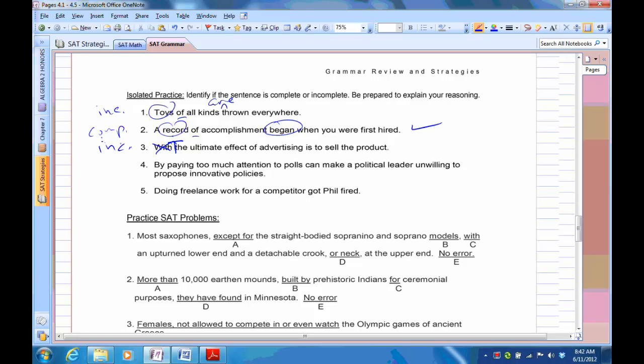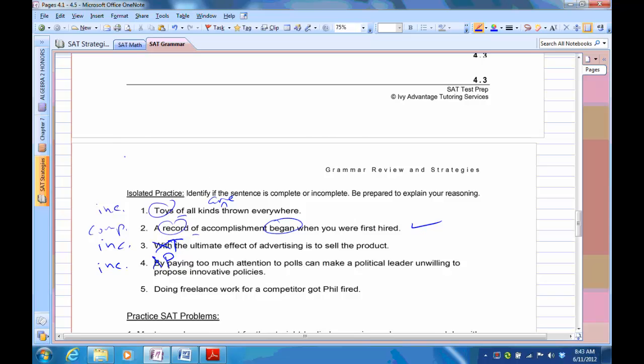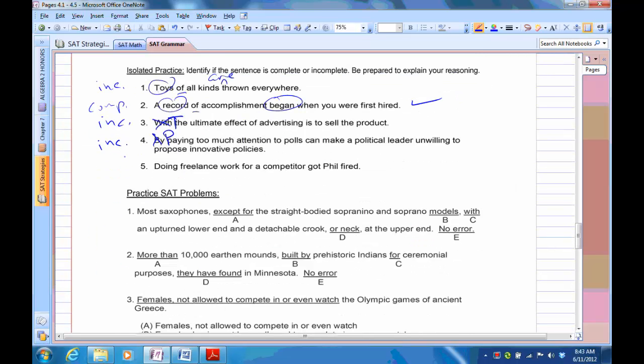By paying too much attention to polls can make politicians unwilling to propose innovative policies, I would drop the word by. Paying too much attention to polls can make. So sometimes prepositions also can cause that. So we want to drop the word by. Doing freelance work for a competitor got Phil fired. That's actually okay. So say that's complete.